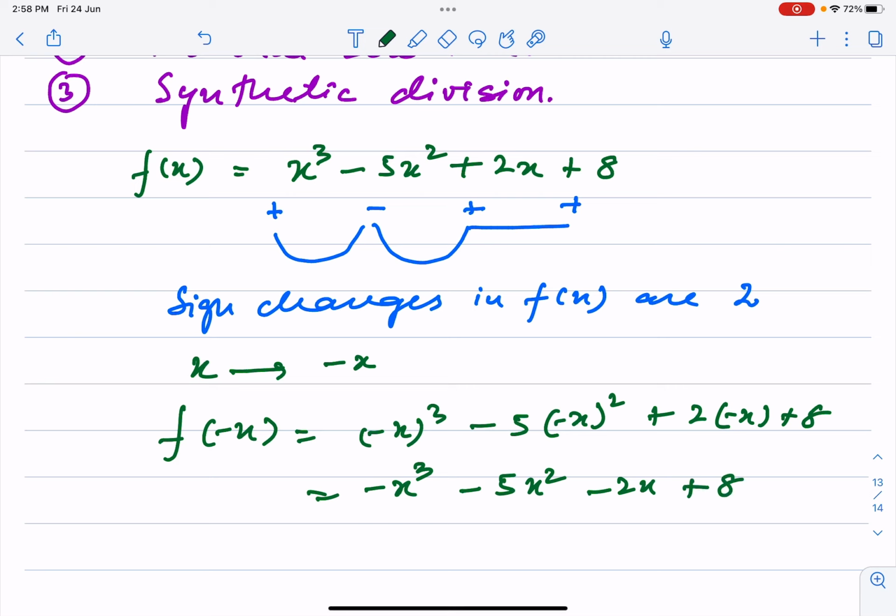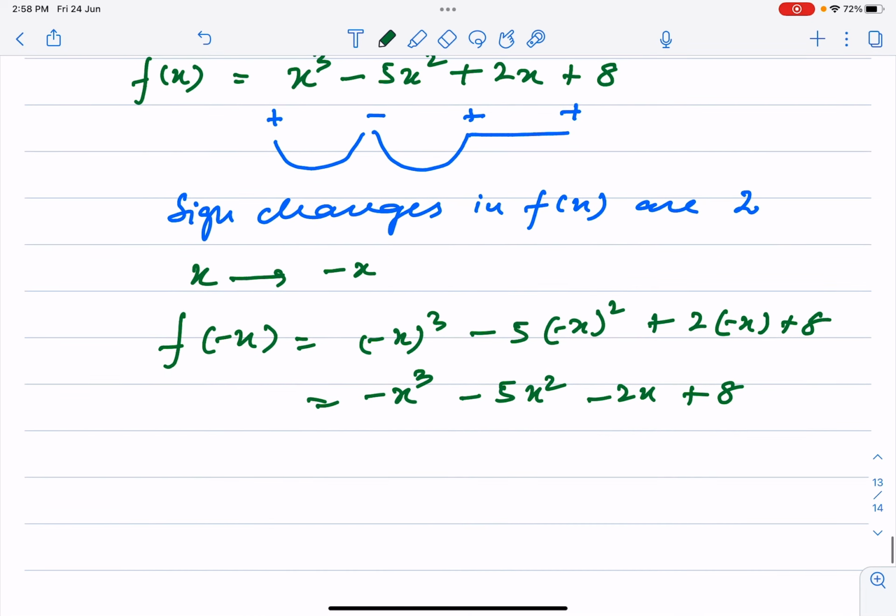You can remember that whenever there is an odd power, the sign changes, while in case of even power, the sign does not change. So let us see what happens now. This is negative, negative, negative, and positive. So no change, no change, and over here one change. This shows that there will be one negative real root.